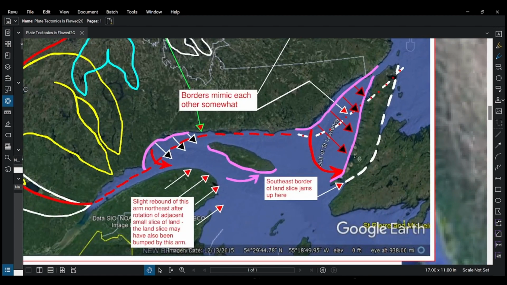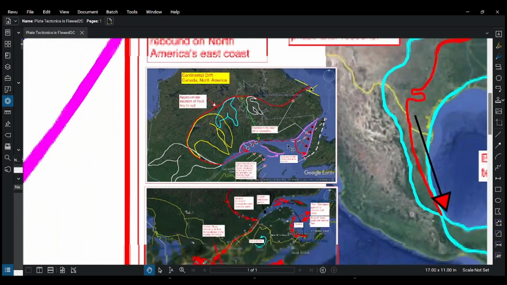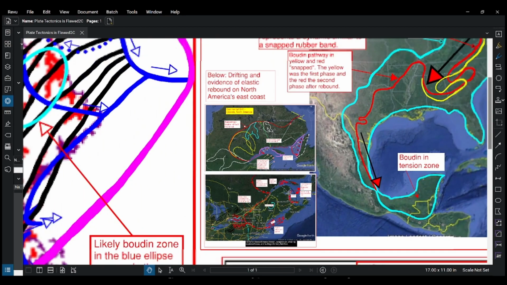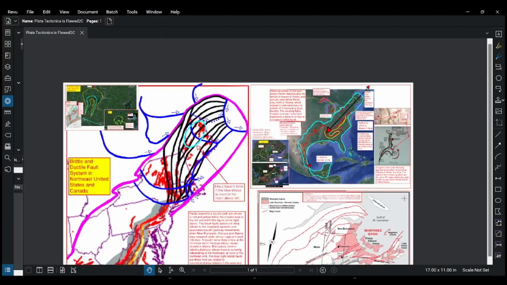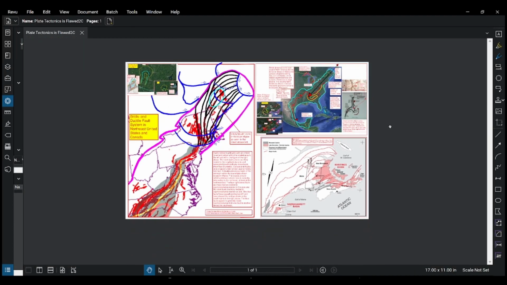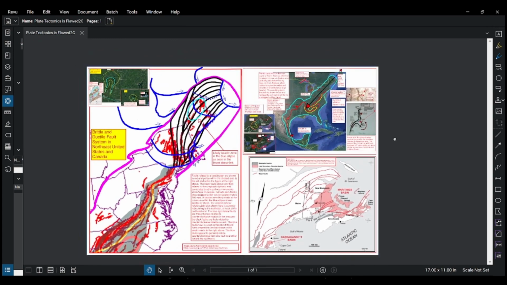And again, this was connected on the magenta with the magenta, and the white dashes were connected. So that sliver of land got pushed out in a counterclockwise direction. So, yeah, everything's related. You can't make this stuff up. What can I say? It's all interrelated on every scale.